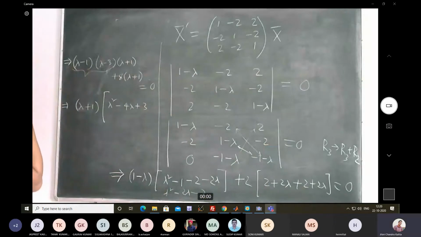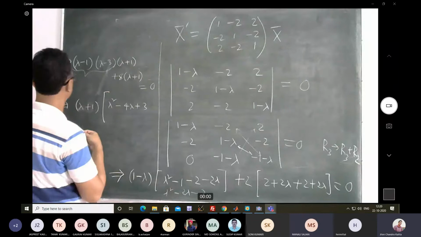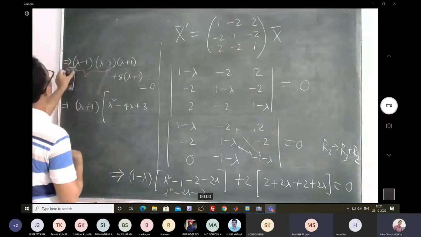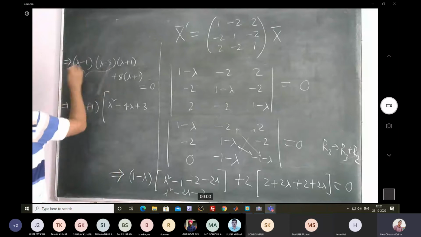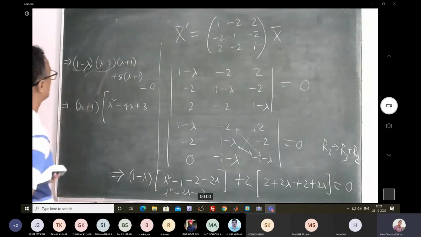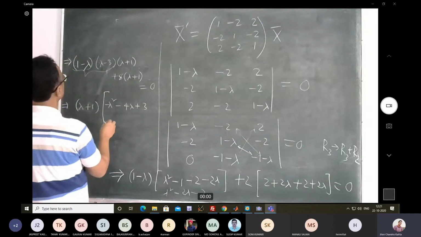Sir, I think that will be 1 minus lambda. That lambda minus 1 will be 1 minus lambda. Yes, so basically this is 1 minus lambda. Sorry. Yes. Thank you. So it is going to be minus lambda squared.